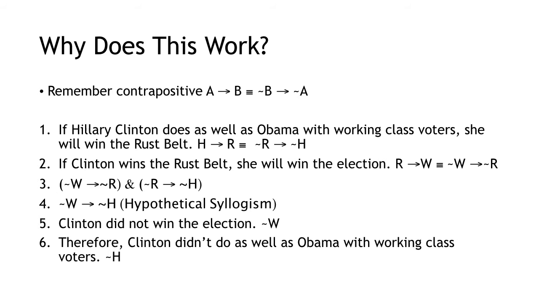Well, then we'll just add this premise 3. We have these two conditionals: if not W, then not R, and if not R, then not H. Now that we've got those two, we just use our hypothetical syllogism: if not W, then not H. Not W, so not H. When we spell it out that way, hopefully you guys can get a pretty rigorous sense of why this works without us having to go through all the bother of a truth table.